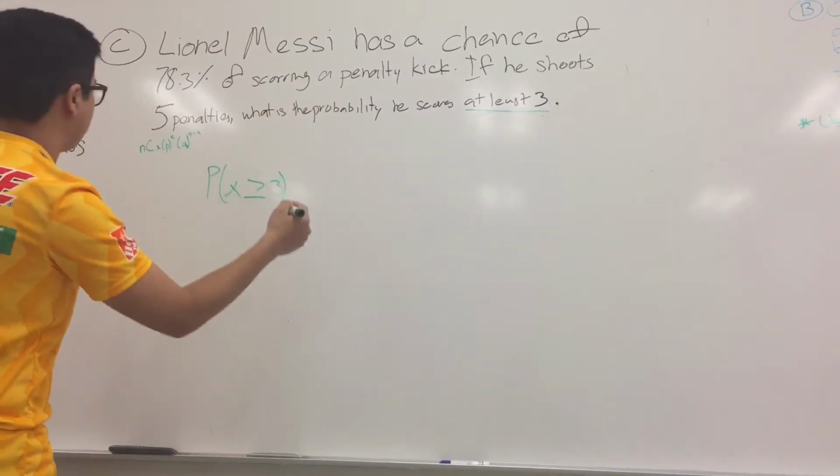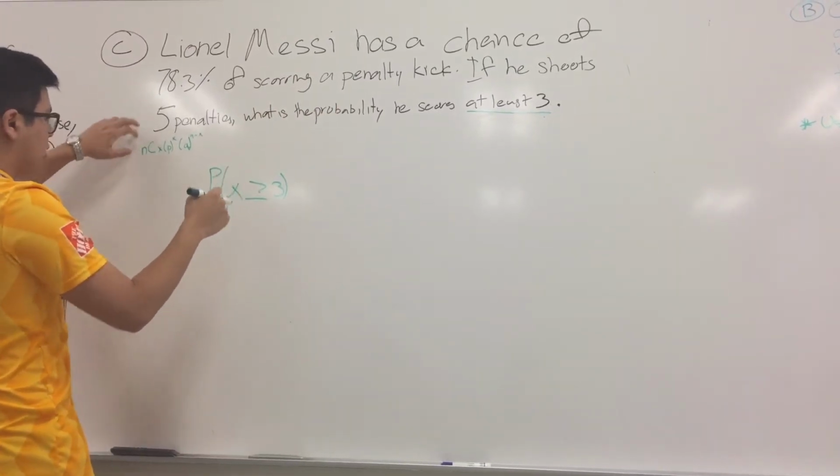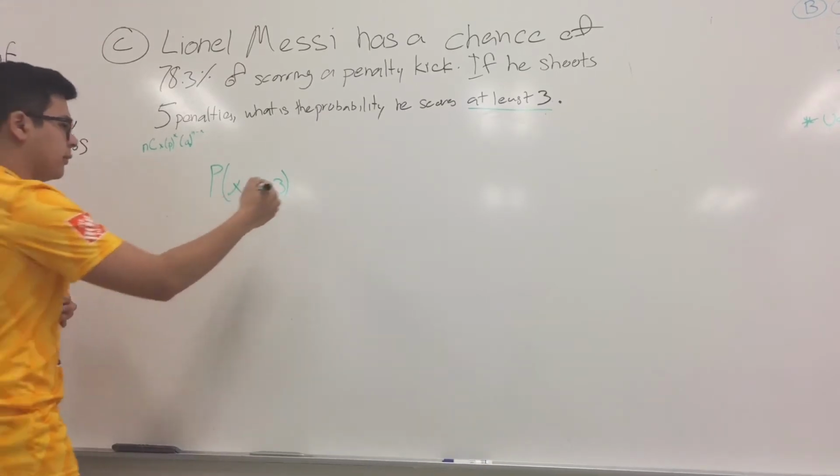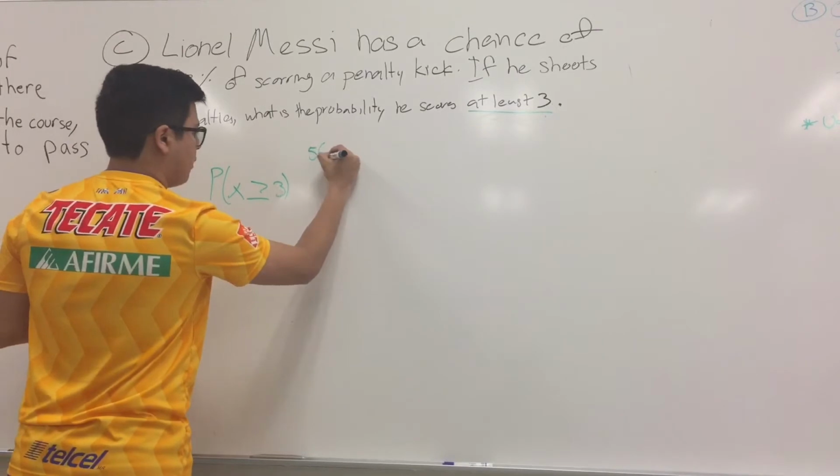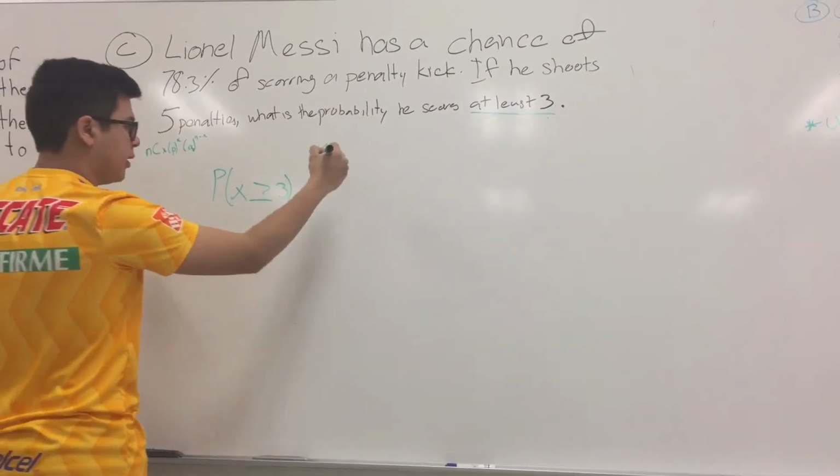So we will start by using the formula with the number 3, as it's greater than or equal to 3. We have the n, which is 5 penalties, the total number of trials. Then the C, and the x, which is how many we want to succeed.